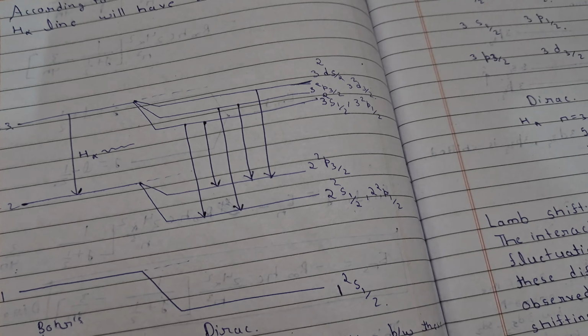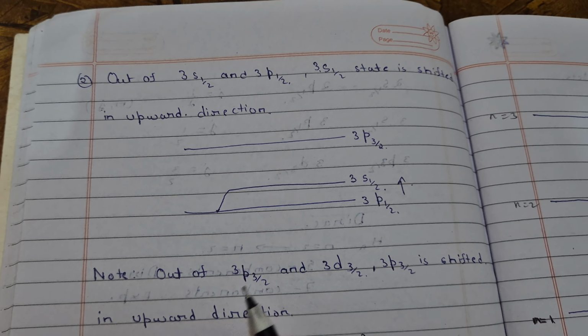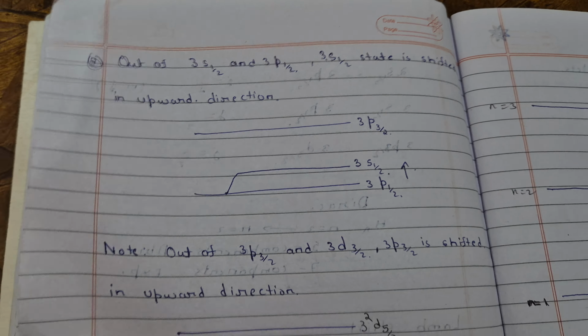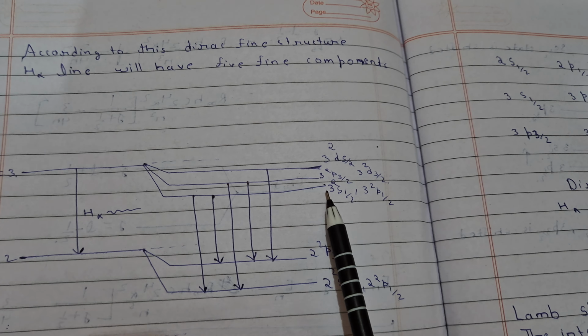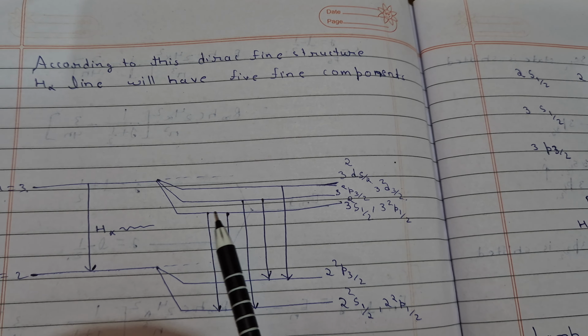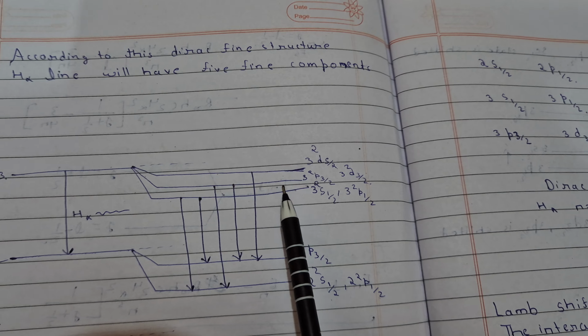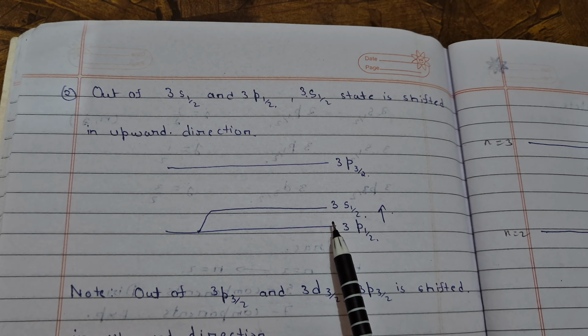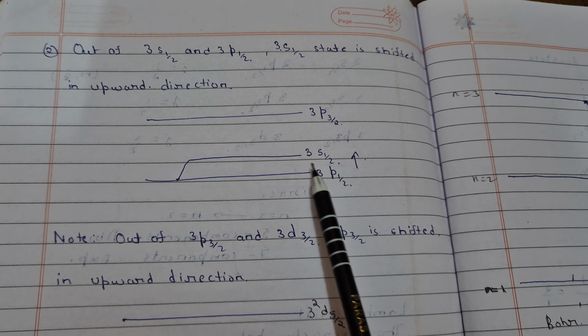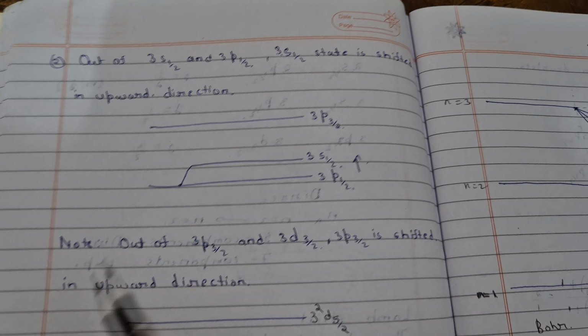Similarly, you can see in the 3p 1/2 and 3s 1/2, the 3s 1/2 will shift upward, and you again get the Lamb shift with the degeneracy broken, and this difference is again 10% of the complete difference.